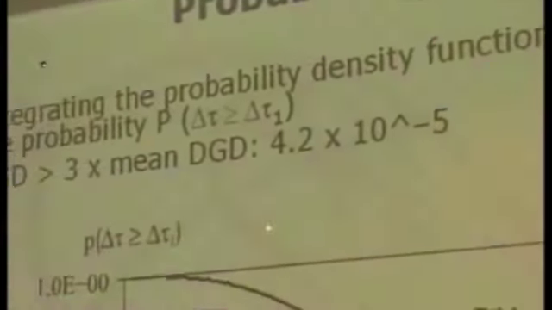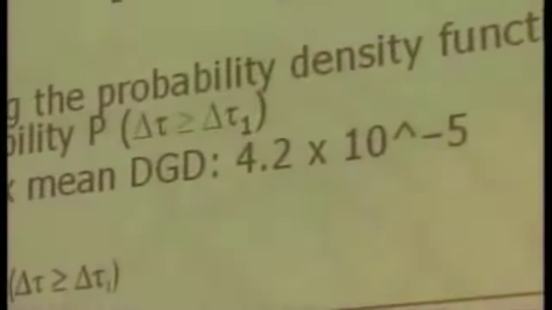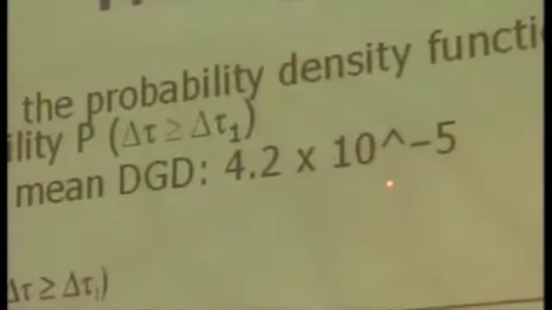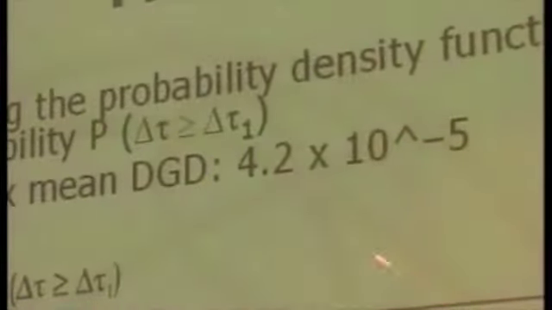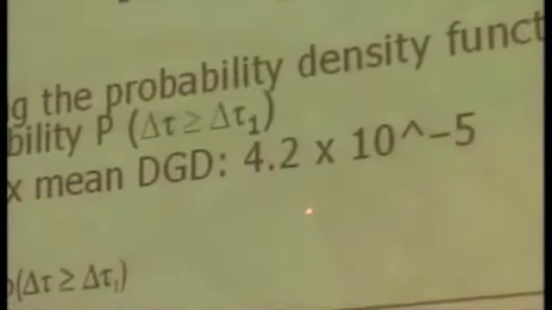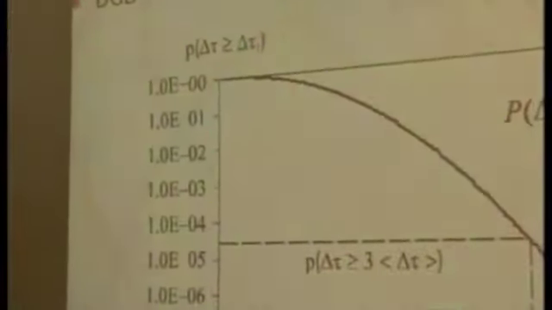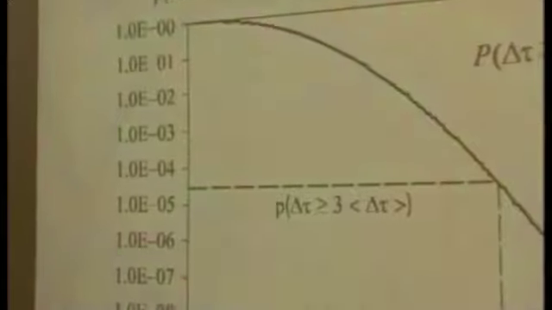And if DGD exceeds 3 times the mean DGD, the probability can be calculated by this Maxwellian distribution, for example, 4.2 times 10 to the power of -5 around here. So this means this probability is very small, on the order of 10 to the power of -5.